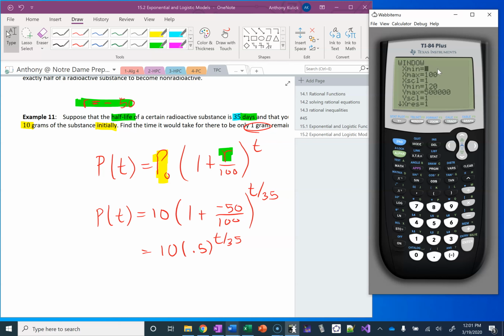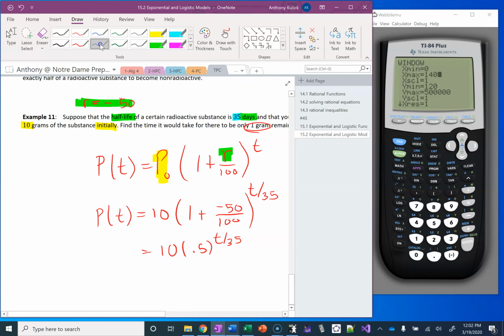And then somewhere in between that and the next time is going to cross from 1.25 down to 1. So I know we need at least between 3 and 4 half-lives. So 4 half-lives is 140. So I'll do that as my maximum x.